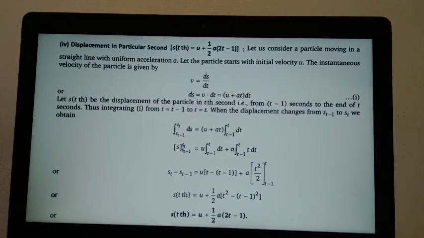So in the square bracket it will become t square minus t square plus 2t minus 1. Then t square and minus t square cancel. The remaining term will be 2t minus 1. So s(tth) will be u plus half a into (2t minus 1).